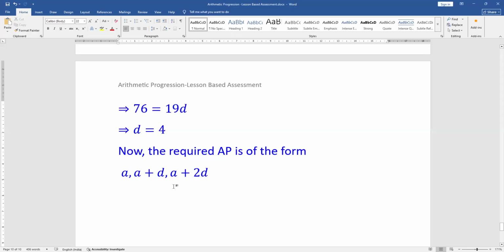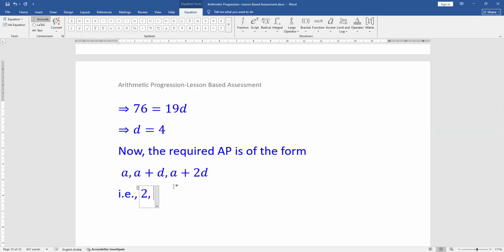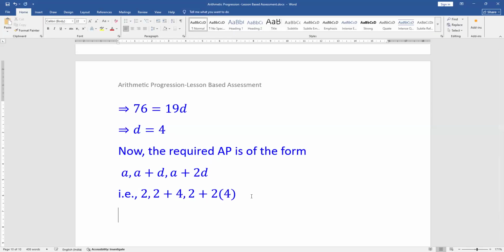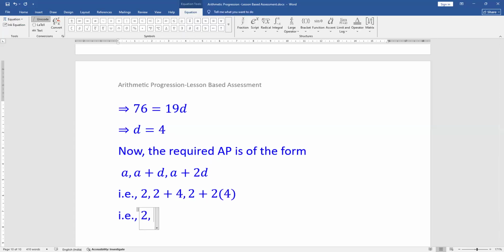So again, let us replace. For a, I write 2. Then 2 plus 4, then 2 plus 2 into 4. That is, for d I put 4, and for a I put 2. So 2 plus 4 is 6.